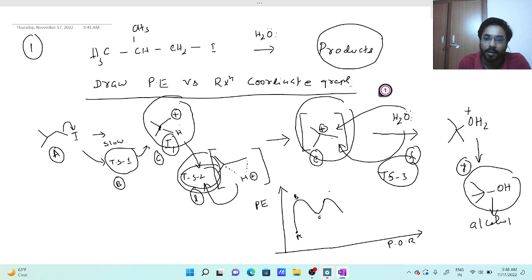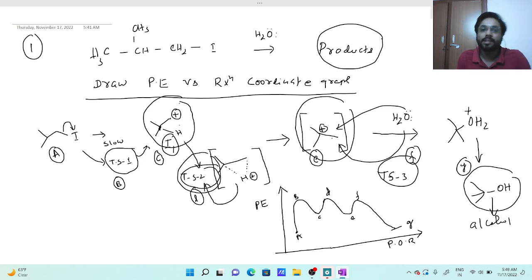Point number E is the transition state that is formed, which is more stable. This is point number F, and this is point number G.